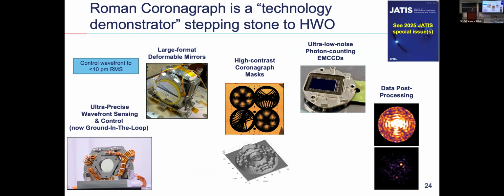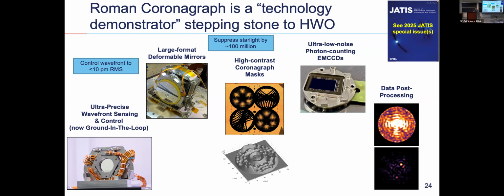So that's active wavefront control, precisely counteracting optical aberrations in the system, combined with coronagraph masks that are very specifically designed for the complicated pupil of the telescope. Together, these things suppress the starlight by a factor of 100 million or so.